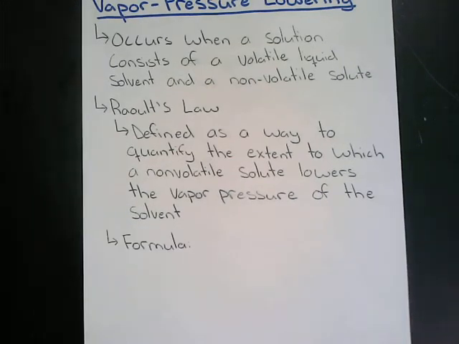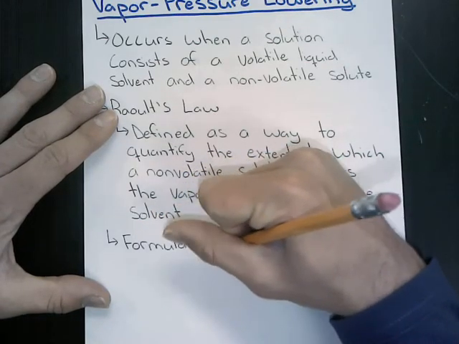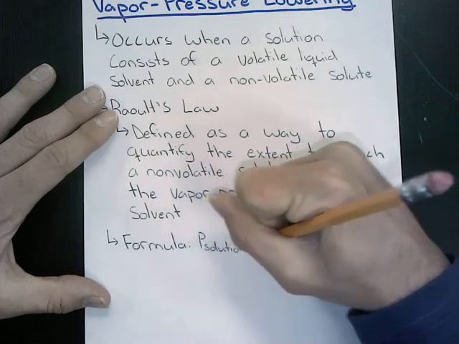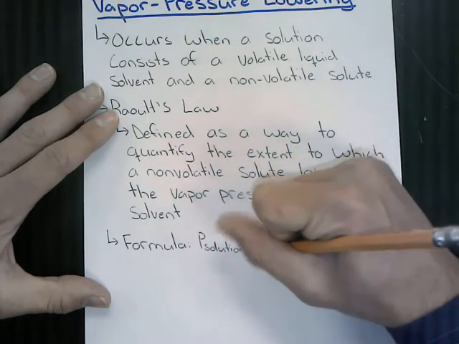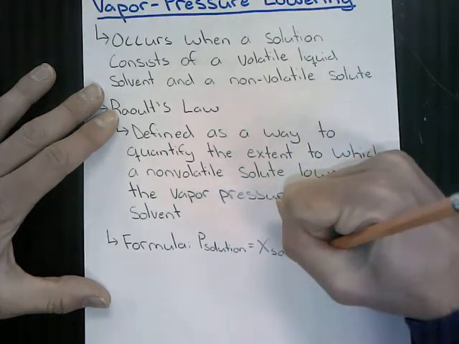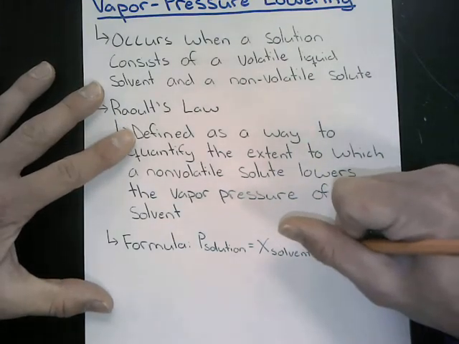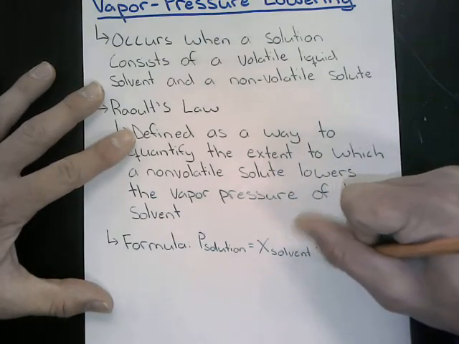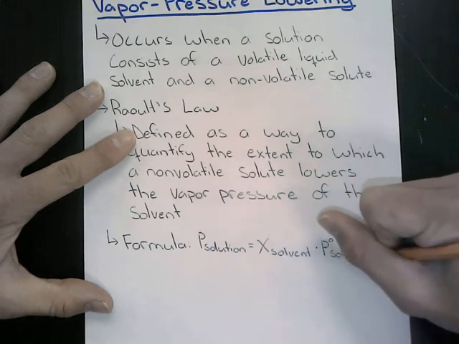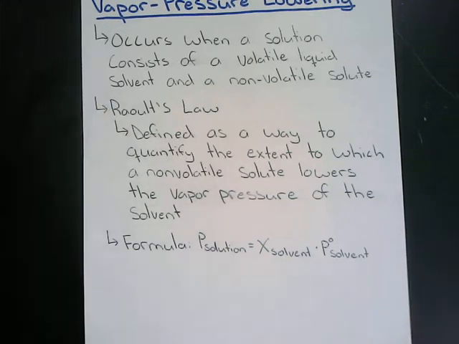The formula of Raoult's law is that the vapor pressure of the entire solution is equal to the mole fraction of the solvent times the original vapor pressure of the solvent. Ultimately, because we had a solute, the mole fraction will be lower than 1 and ultimately lower the vapor pressure of the entire solution.